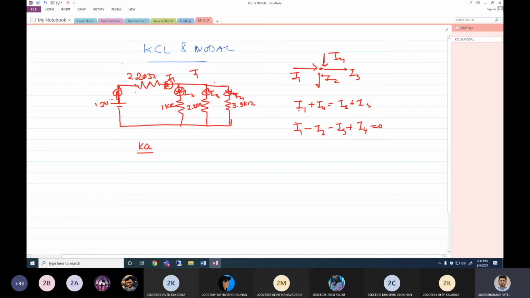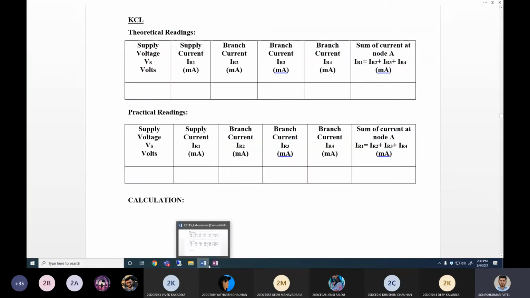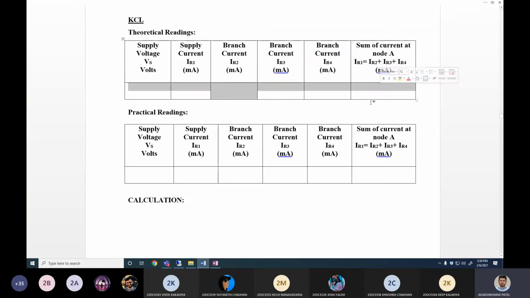We know the direction of the current, and even your ammeter will show the direction of the current. At the end, what we are going to prove practically is that I1 is equal to I2 plus I3 plus I4. First you are going to do it theoretically, and whatever readings you get, you will put them here.